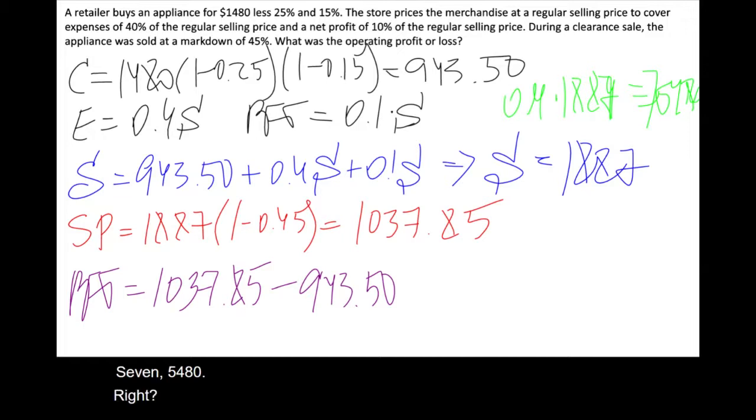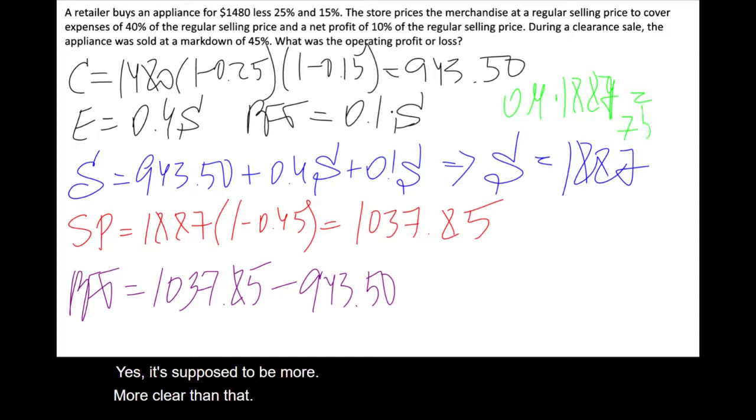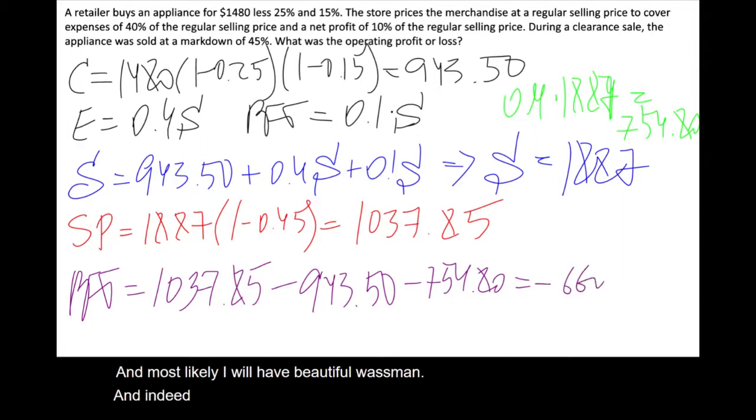Right? So 754.80, that's the expense. Now this expense I subtract from here, and most likely I will have a loss, right? And indeed, minus 660.45. That's it. Questions?